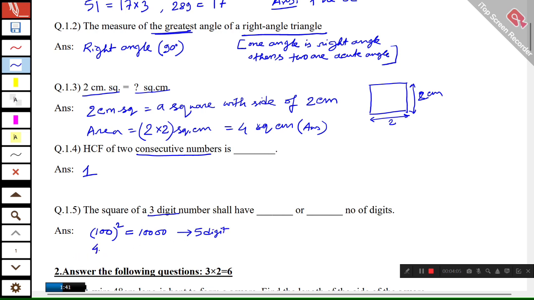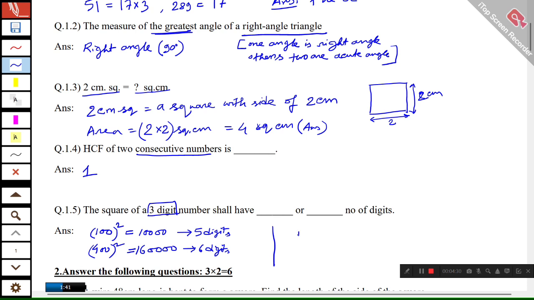Suppose we consider 400. Then see that the 0 will be doubled, that is 00, so that will be 40 and 4 square is 16. So this is 6 digits. So the square of a 3-digit number is either a 5-digit number or a 6-digit number.